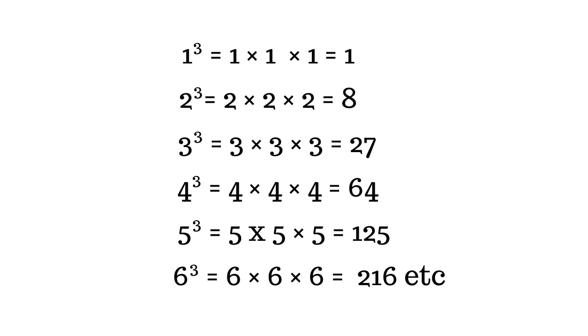So when you multiply a number by itself in 3 places, the result is the cube of that number.